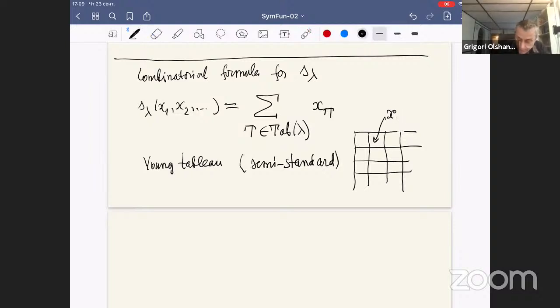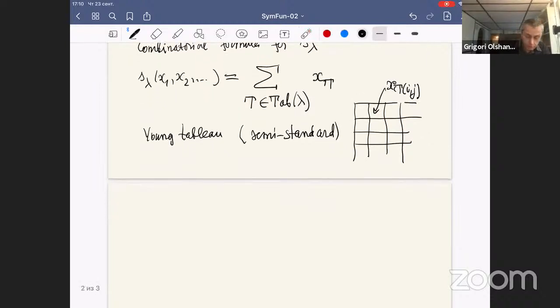So this is the variable indexed by the number which is contained in this box. And then by the very definition, x_T is the product over all boxes of our diagram.